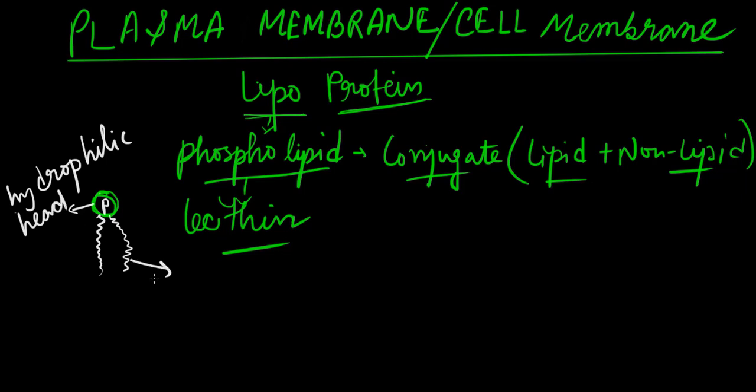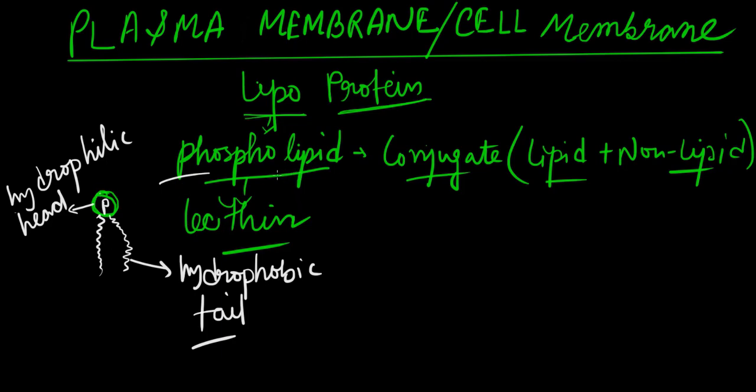And the lipid part, two lipid chains are present, and these lipid chains hate water, so we call it a hydrophobic tail. So these two parts are present in a phospholipid.